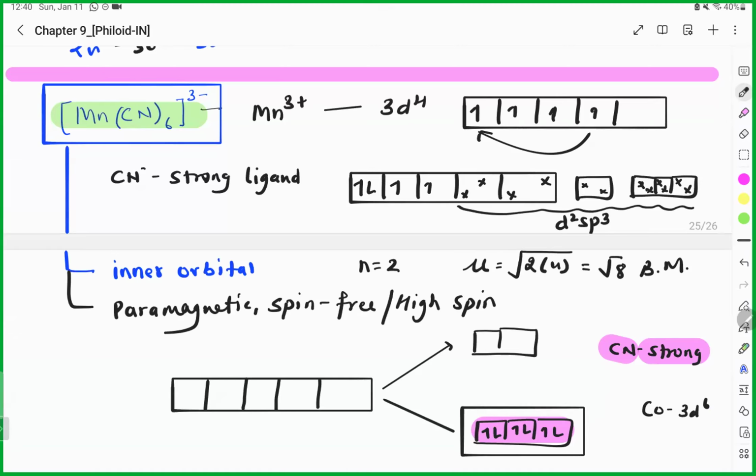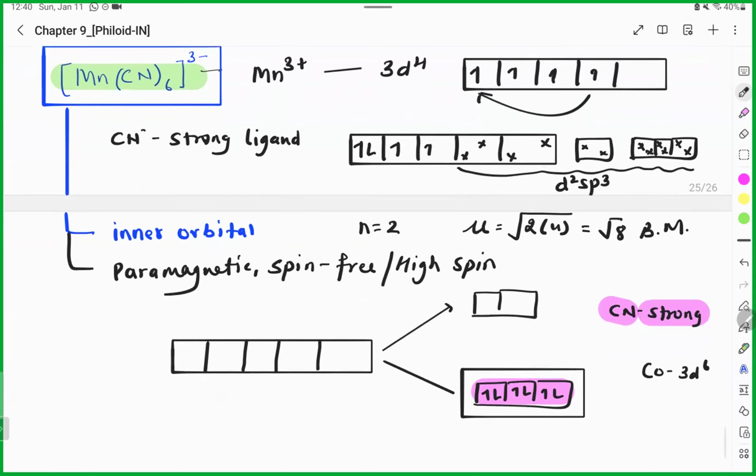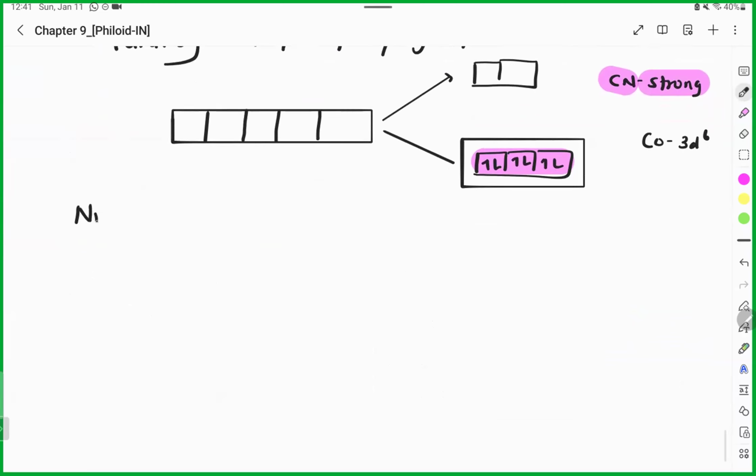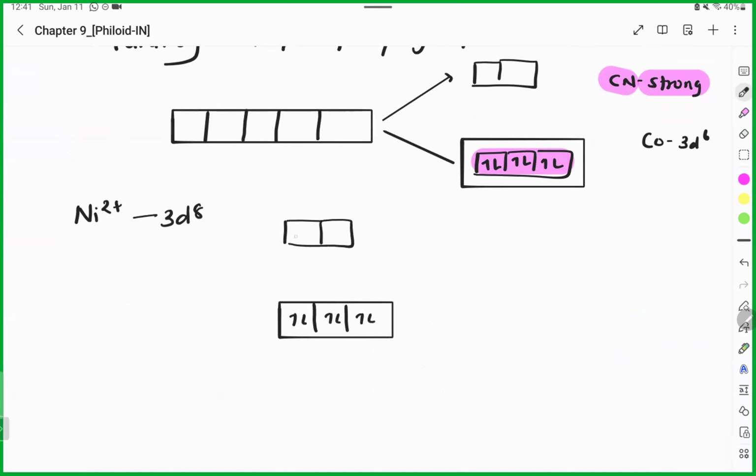So I still didn't get it. Usually we pair it up, right, with cyanide also, like in other cases. Yes, but you mostly see this when there are more than 6 electrons. For example, if you take nickel, nickel 2 positive, what is the electronic configuration? 3d8. So if you see here, what will happen? This pairing happened, and now it will move to this.